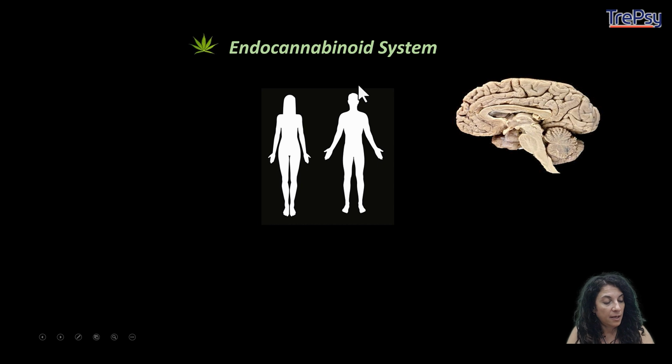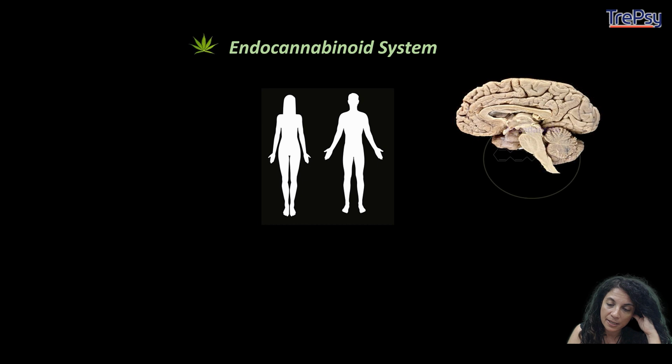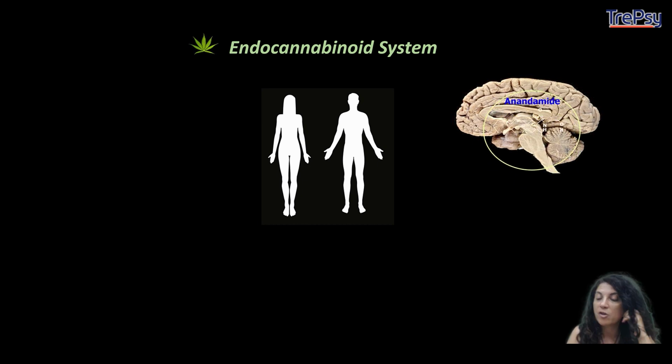So then, the endocannabinoid system, as you know, is composed of different endocannabinoids like anandamide, which was isolated in Mechoulam's laboratory in the 60s. Then they found 2-arachidonyl glycerol, and in the brain, 2-arachidonyl glycerol is in higher proportion than anandamide.